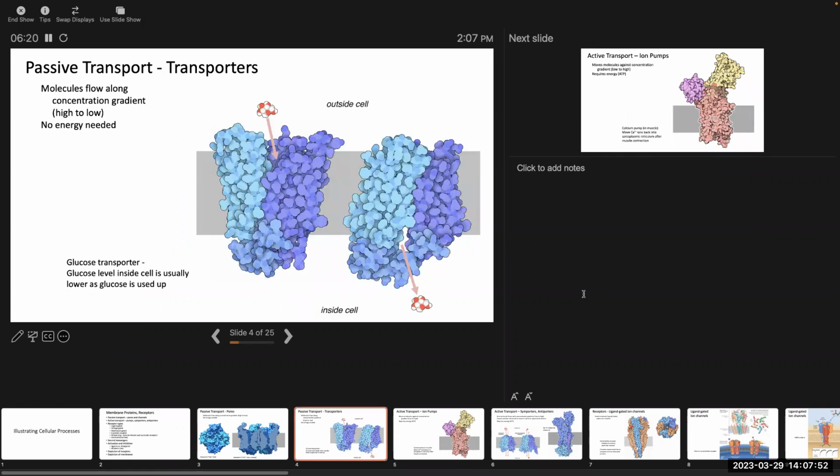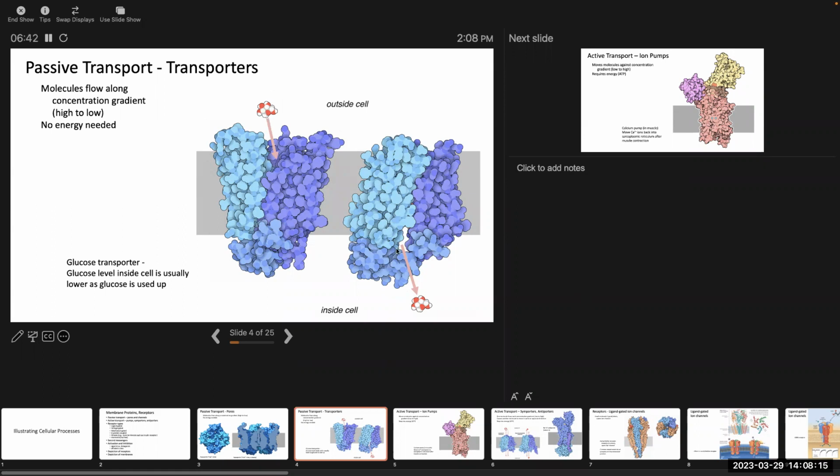Here's another example, the glucose transporter. It's another protein that's embedded within the cell membrane. And that space filling model that you see up there, with the red and gray and white atoms, that's a molecule of glucose. And that molecule binds to the outside of the protein.